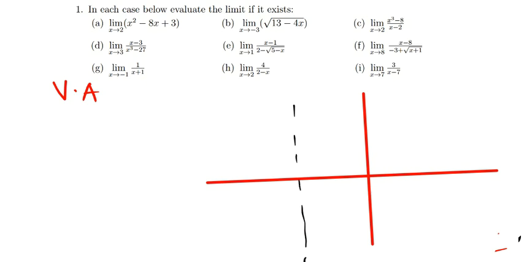A vertical asymptote can just be determined by getting a point where the denominator is equal to 0. At what point is the denominator equal to 0? Because that is an undesirable state. So when the denominator is equal to 0, that is your vertical asymptote.